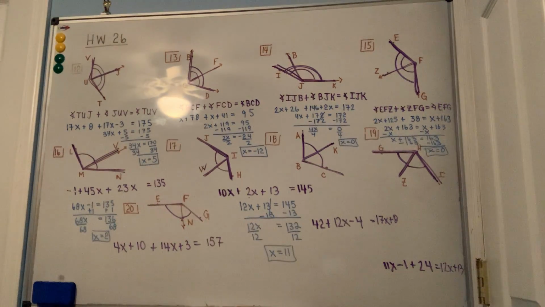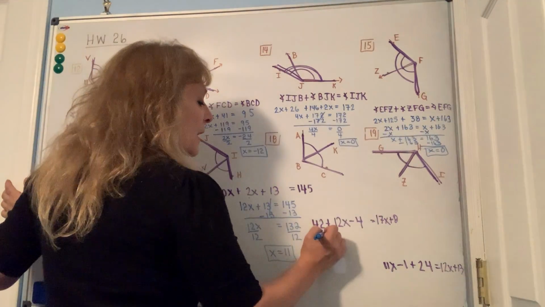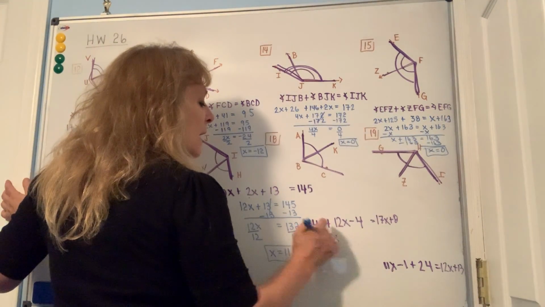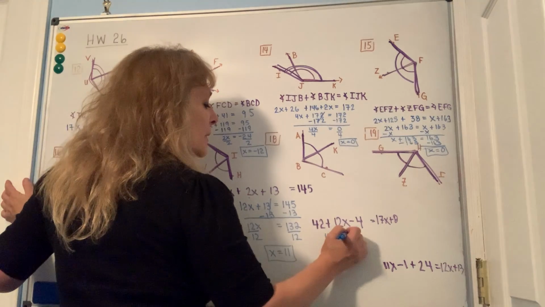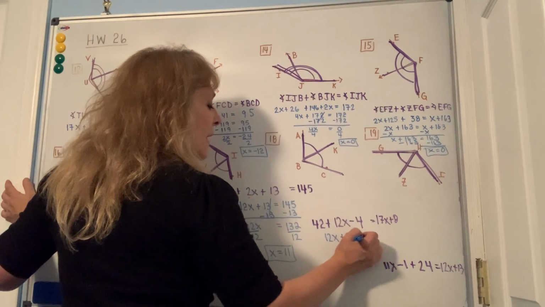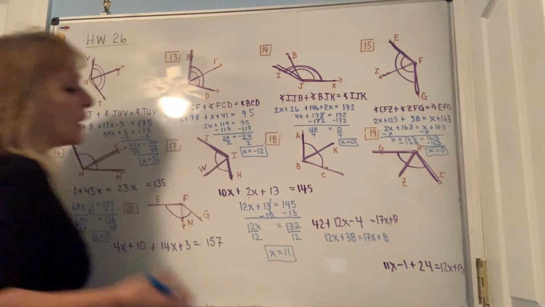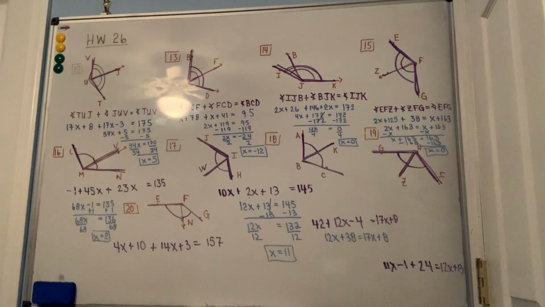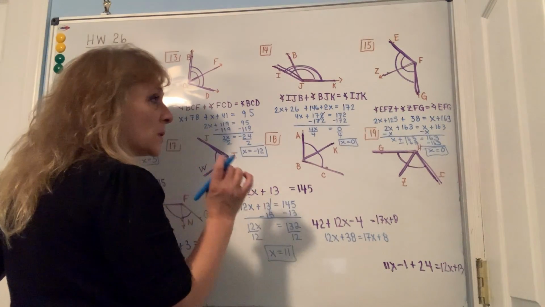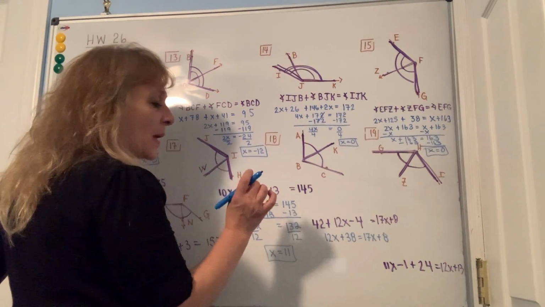All right, we are up to number 18. And on 18, the left-hand side says 12x, and 42 minus 4 is 38. And that is equal to 17x plus 8. Now, I don't have a lot of room. It looks like I'm going to crash into the problem that's underneath it. So I'm going to do 2 steps in one line to save space.